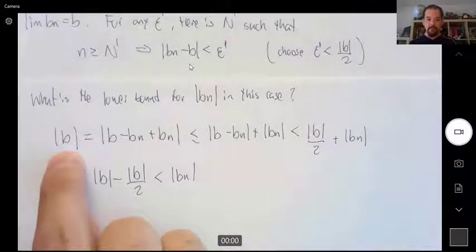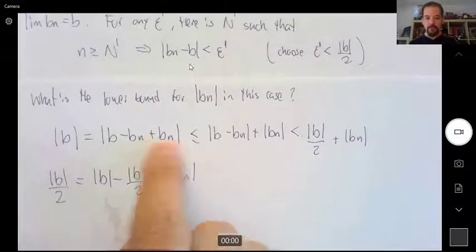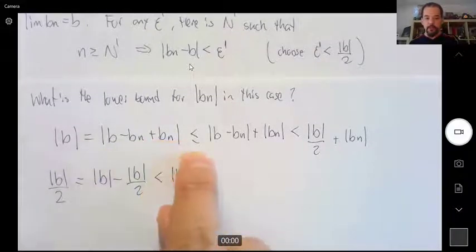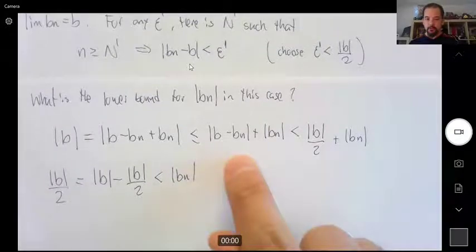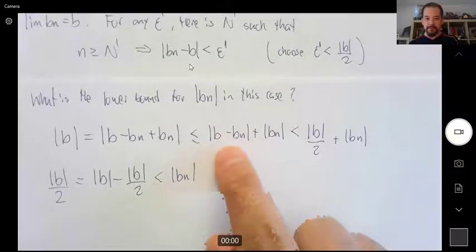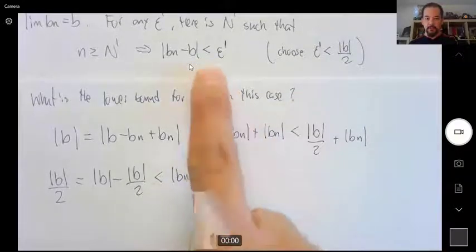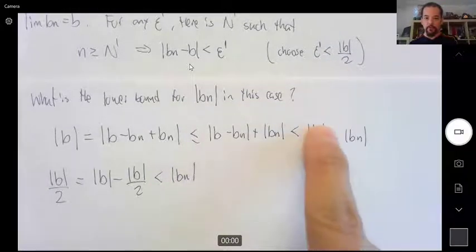We wrote absolute value of b. This time it's a little bit different. We have to start with b, and we wrote it as b minus b_n plus b_n. So put a 0 here. Use the triangle inequality here to separate into these two pieces. Write down what we can to control this first piece, which is less than epsilon prime. It's right here on top. And epsilon prime is in turn less than absolute value of b over 2. So we write b over 2 here.